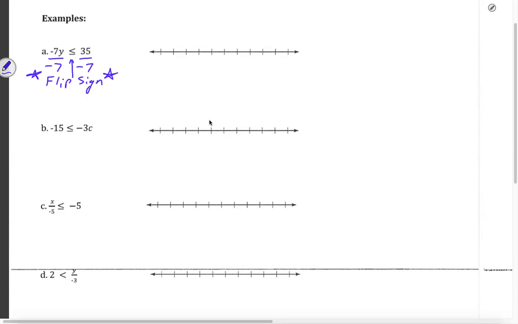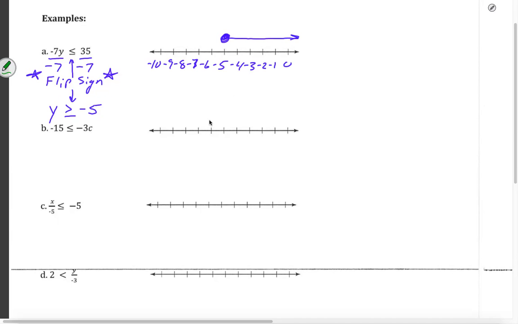So from here to here, I'm going to flip my sign. So I have y, flip my sign, -5. So I have a closed circle at -5, and I'm going to shade to the right.